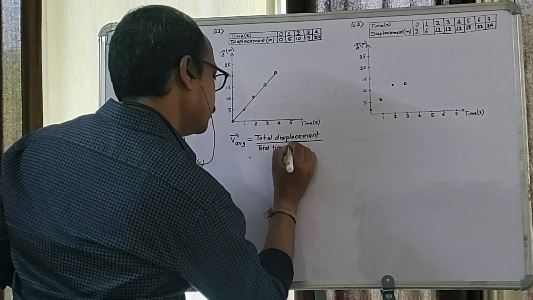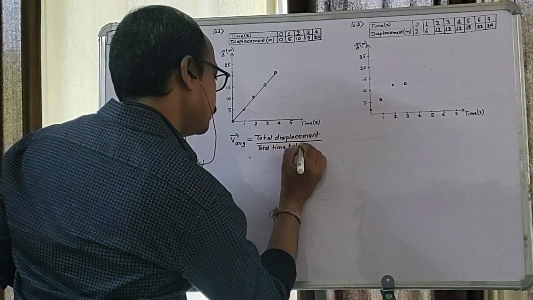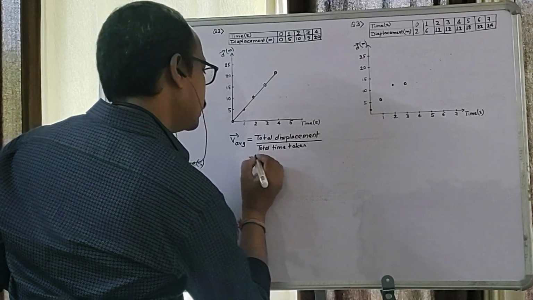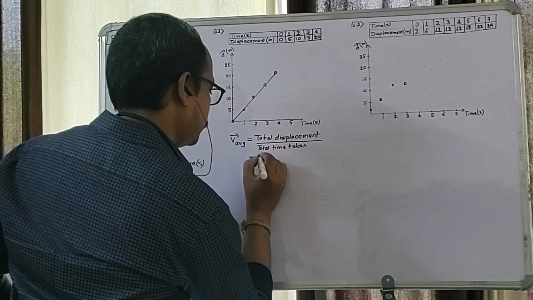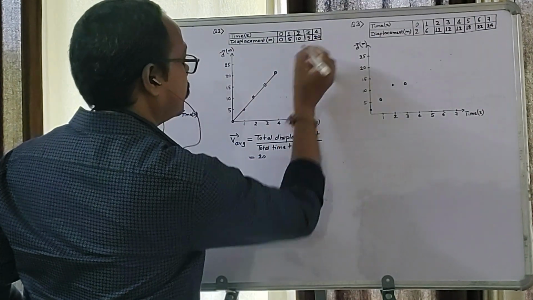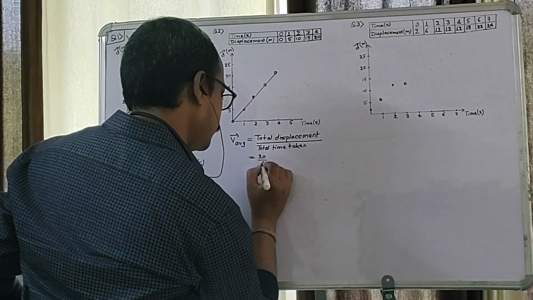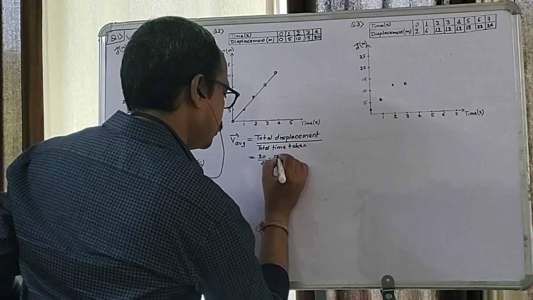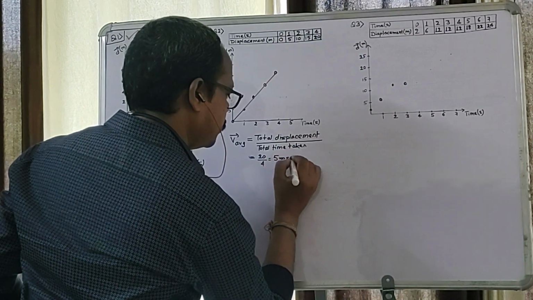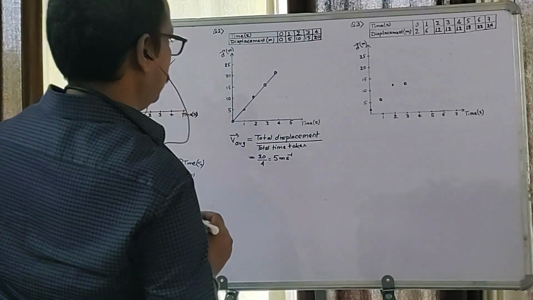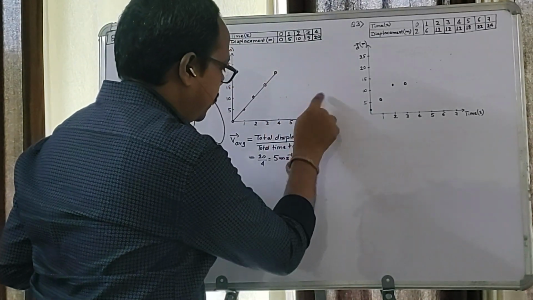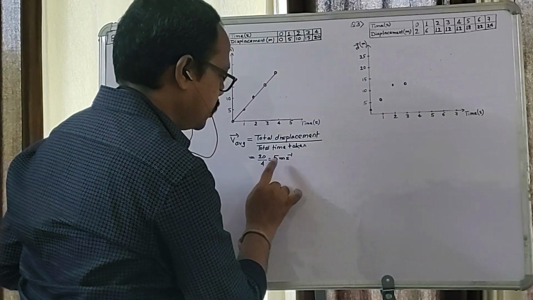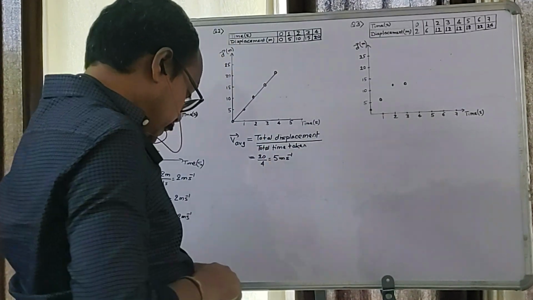Total displacement is 20 meter. Total time spent is 4 seconds. So the average velocity is 5 meters per second. So the body is traveling away from the starting point at the average velocity of 5 meters per second, because the velocity is coming positive.